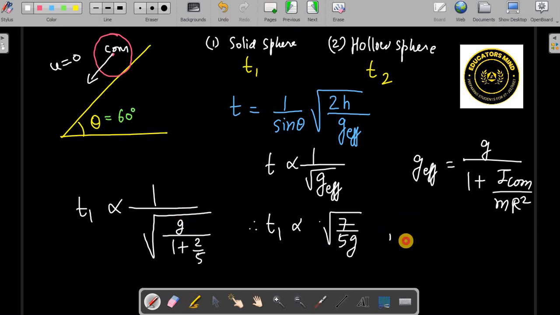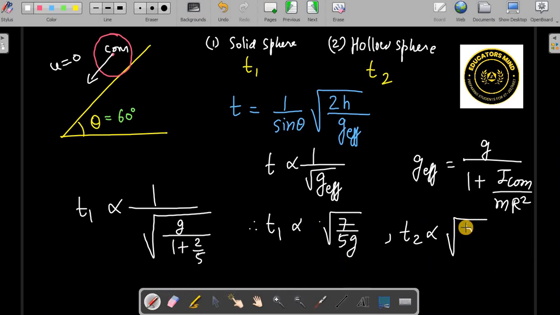So similarly you can calculate t2. T2 will be proportional to what? In the same manner you can think of. So here instead of 2 by 5 it will become 2 by 3, right? So 3 factor will come here, and 2 by 3. Sorry, so here 5 factor will come.